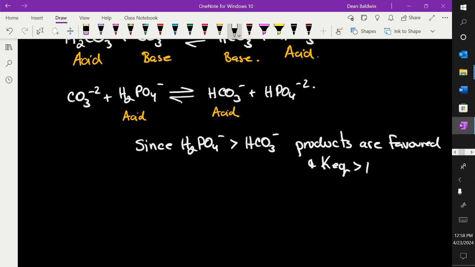Does that make sense? Okay. Well, I'm going to say KEQ because it's a reaction now. We're looking at the different Kas of each acid. Okay. And KEQ is Ka, right?